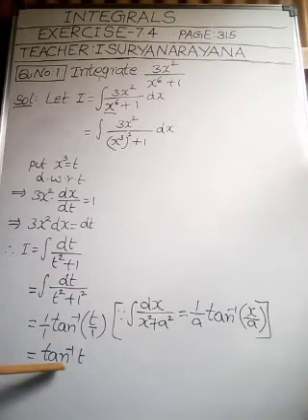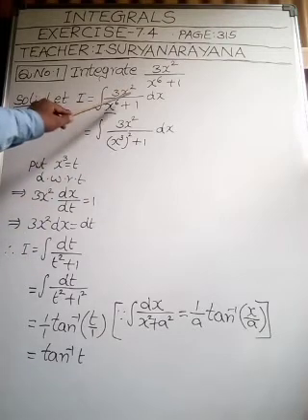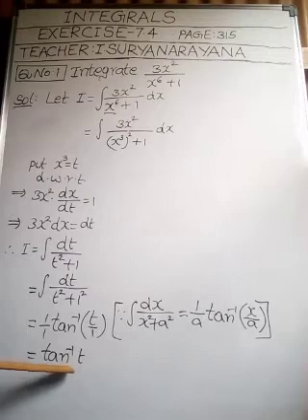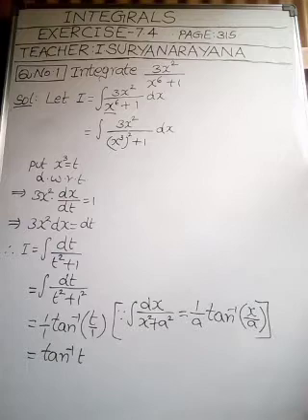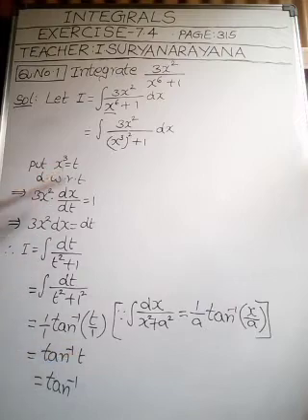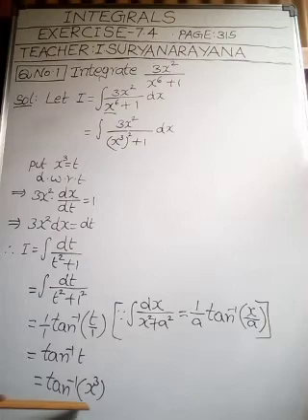Finally we got the integral, but it is in terms of t, but actually the function is given in terms of x. So we have to transform this function in terms of x. So tan inverse of, what is t here? x cube. Tan inverse x cube. So this is the final step.